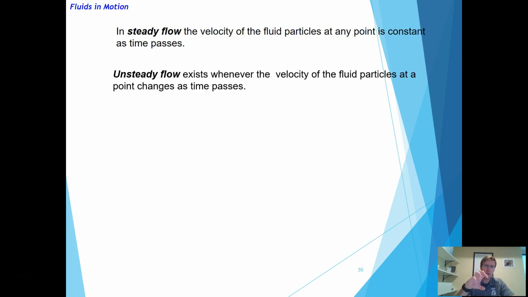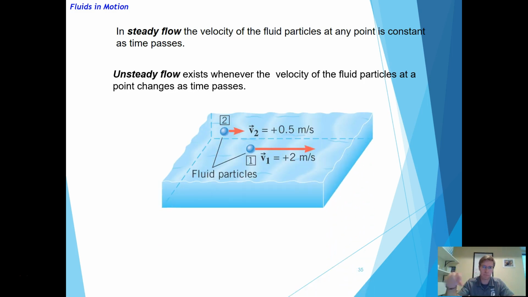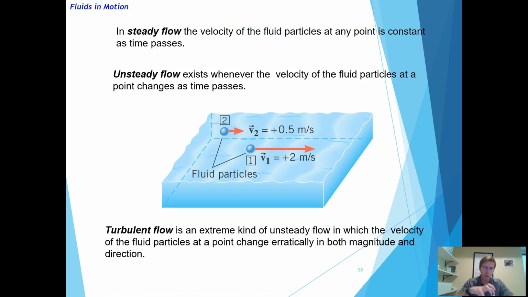The other is unsteady flow, which means the velocities of the particles are not the same. You can have different amounts of chaotic flow between different particles at different points. When you have an extreme difference in velocity, direction, and magnitude of different particles within a fluid, you call that turbulent flow. So very steady flow we'll call laminar, and very unsteady flow we'll call turbulent flow.